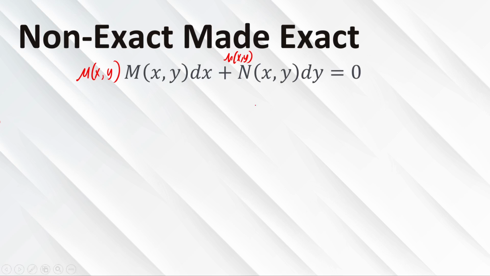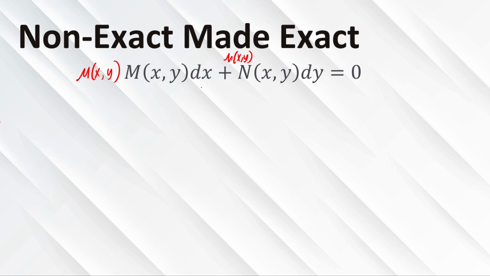And how do we do that? So, kung mapapansin nyo, kapag minultiply natin si mu sa M at saka sa N, magkakaroon tayo ng equation na ganito. Sorry, siningit ko lang yung mu. So, minultiply natin siya.